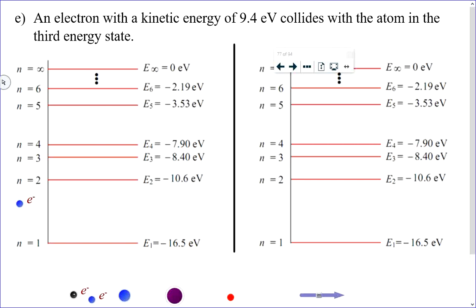Okay, so we have 9.4 eV of energy. And the electron in the atom is in the third energy state. So what's going to happen? This is a tricky one.